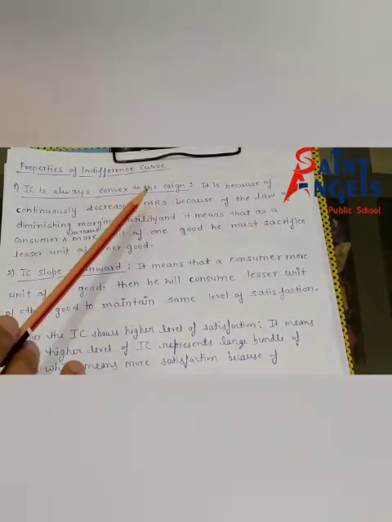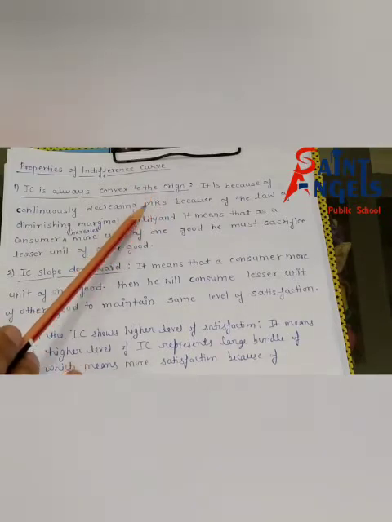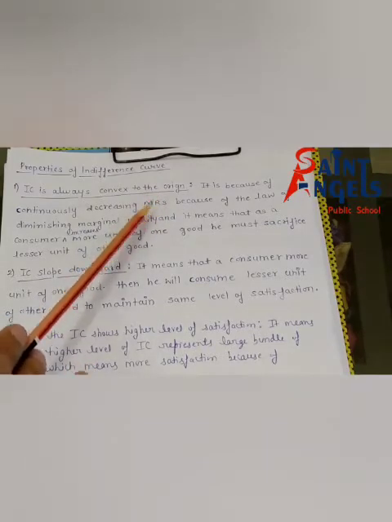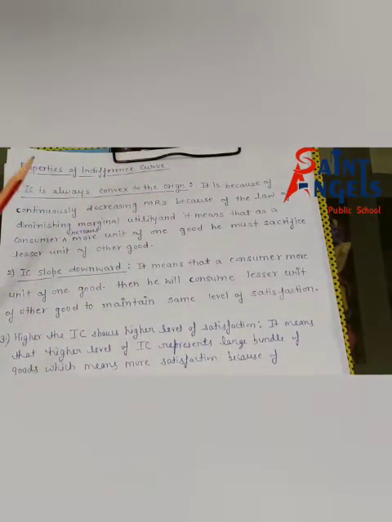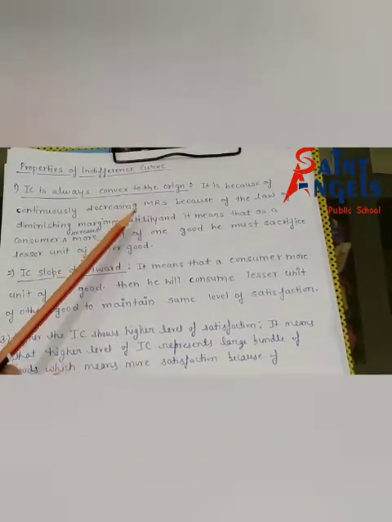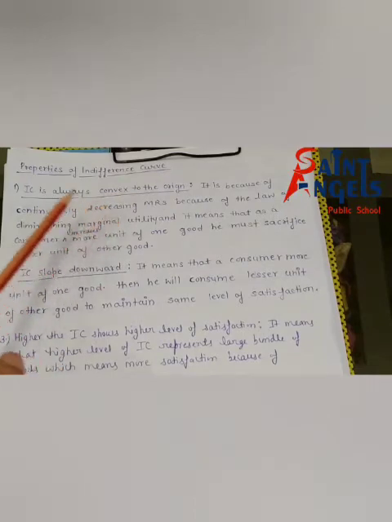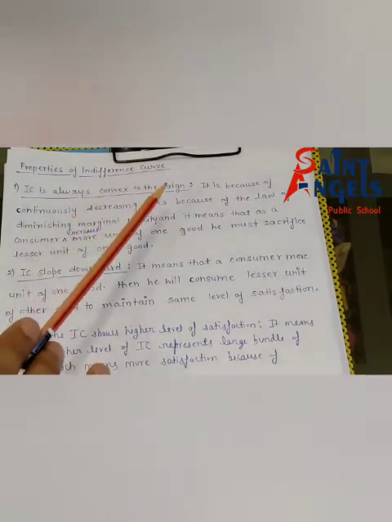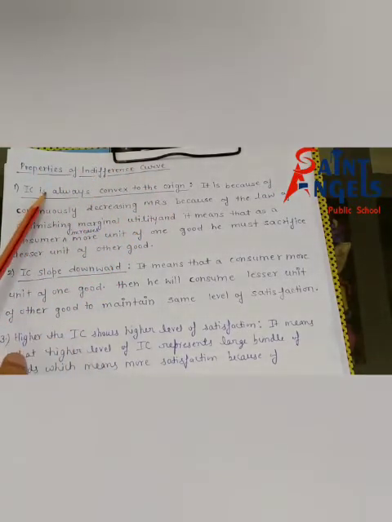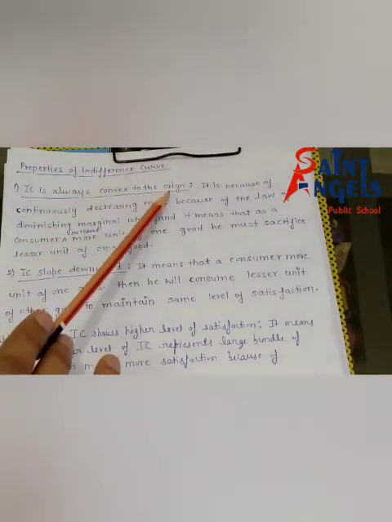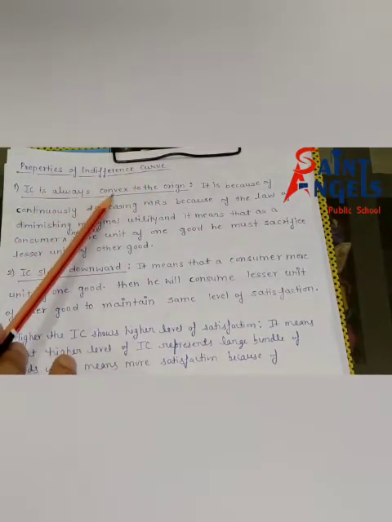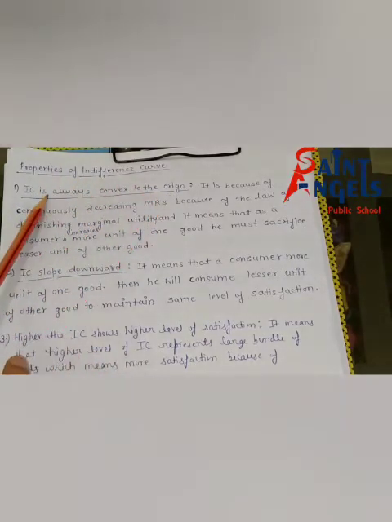Always remember, the slope of the indifference curve is MRS. Listen carefully, all three cases. If MRS is continuously decreasing, it means that the shape of IC will be convex to the origin.